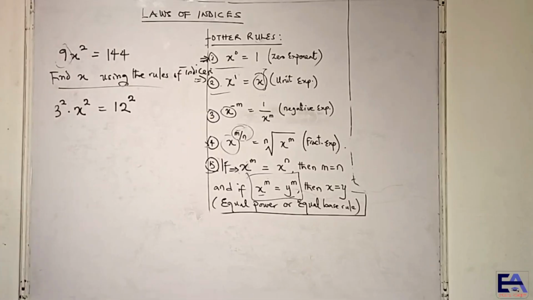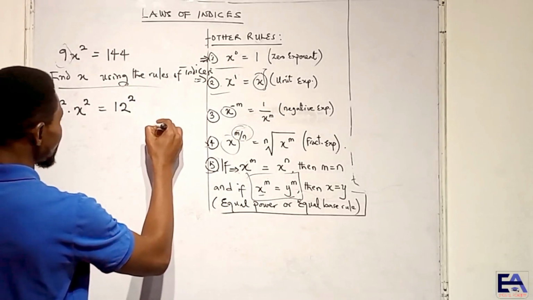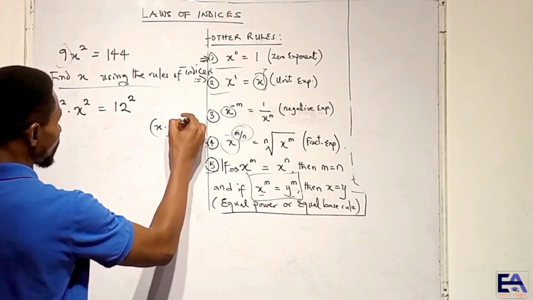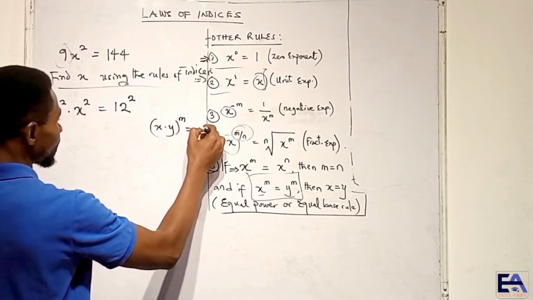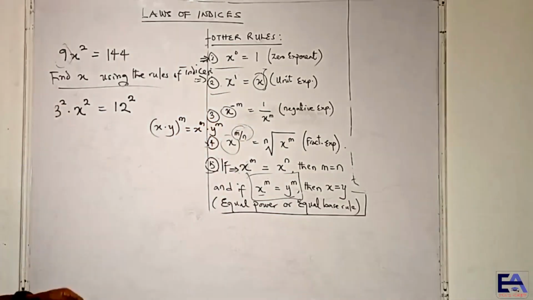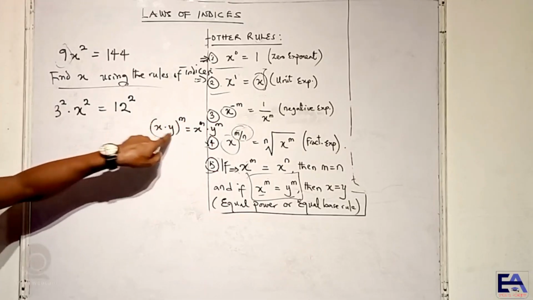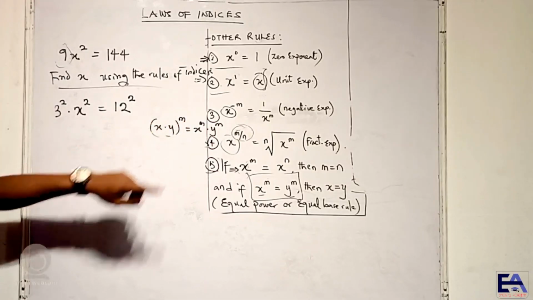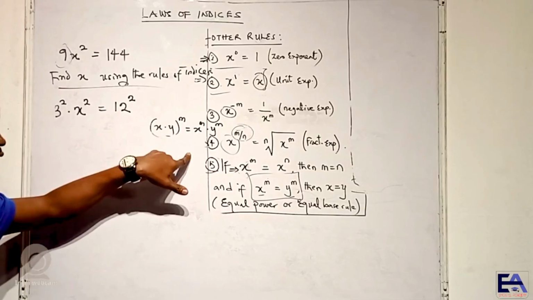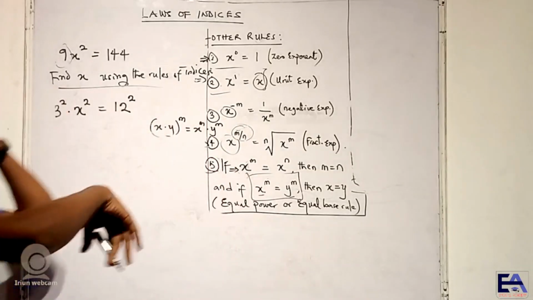Now in the laws of indices, remember that law which says (x times y) all raised power m is the same as x raised power m multiplied by y raised power m. Which simply means that this power can distribute itself across two or more numbers that are multiplying each other. The same thing is applicable for division too. So now in this case, I want to reverse it.